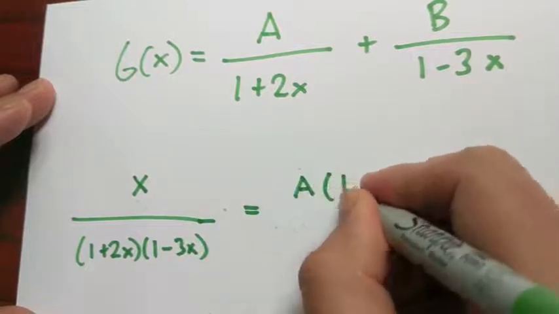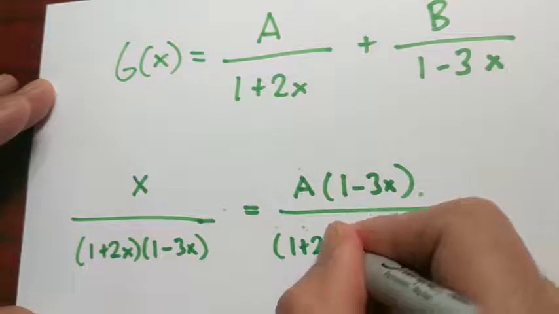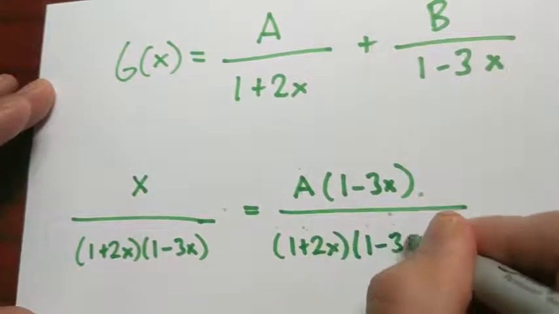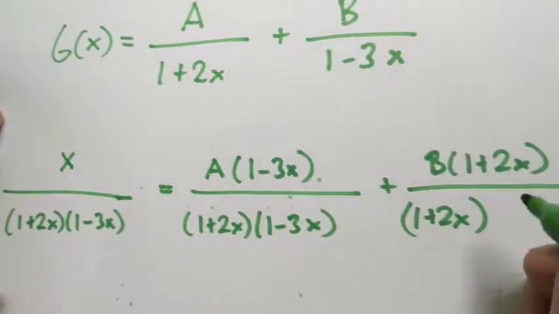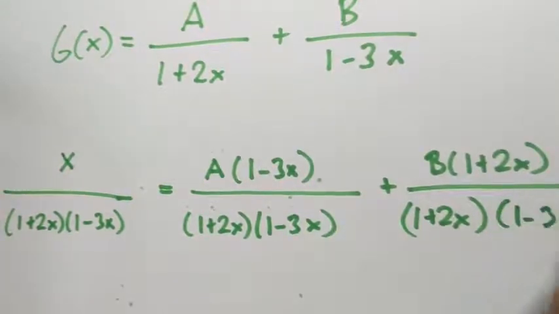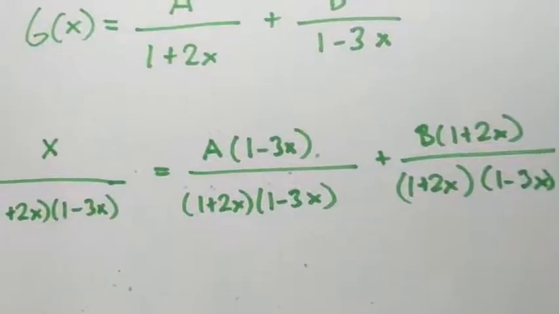So this would be a times 1 minus 3x over 1 plus 2x, 1 minus 3x, plus b times 1 plus 2x over 1 plus 2x, 1 minus 3x, and all of this should be equivalent.